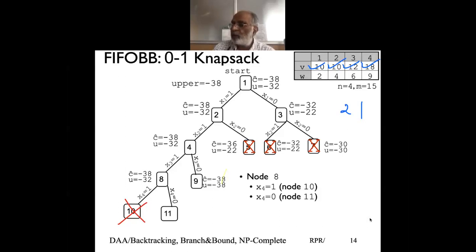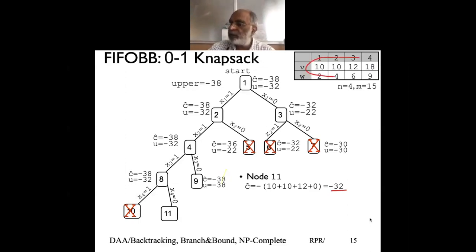Now if I say x4 is equal to 0, I can compute and find it out. I just said node 10 exceeds my capacity, so there's no point. Now look at node 11. In node 11, my C hat would be minus 32 because I'm excluding this item, and my U also would be minus 32.